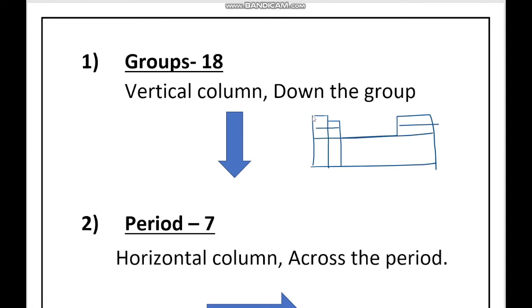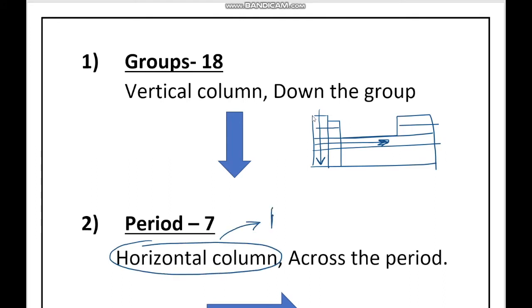So the group means these vertical columns. When you talk about period, it will mean that this horizontal row, you can call it horizontal column, or you can also call it a row. A horizontal row is known as a period, while group is the vertical column.